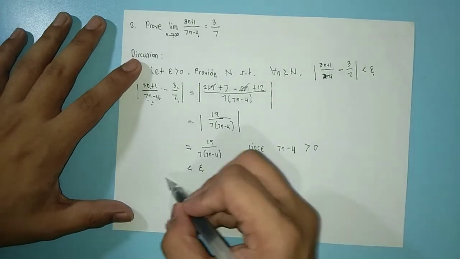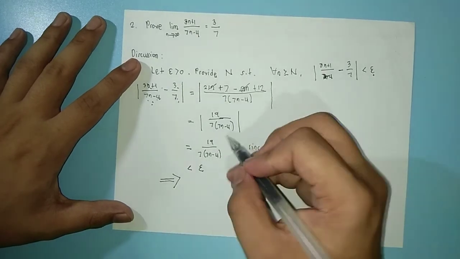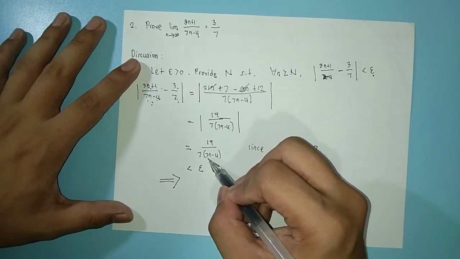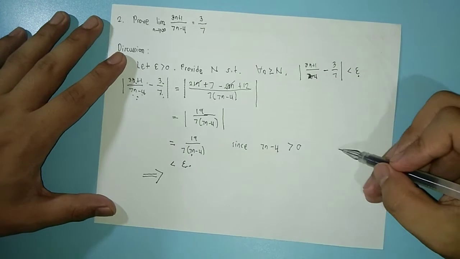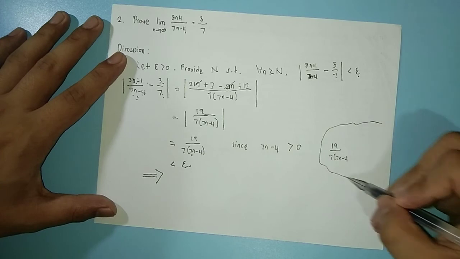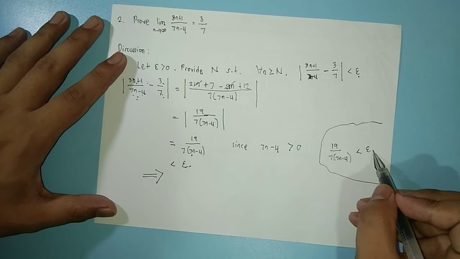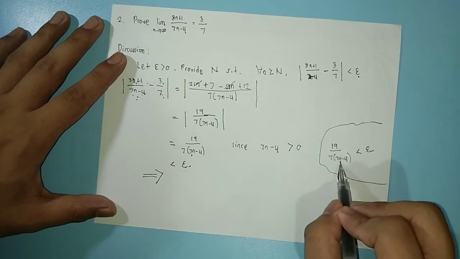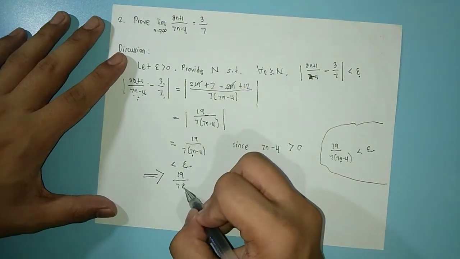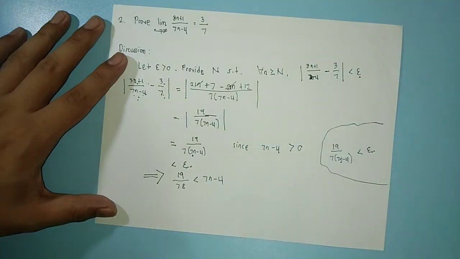Okay? So, this implies, i-manipulate natin yung 19, kahit ilipat natin yung 7n minus 4 sa dito. Okay, ganito ha. Ganito kasi yan, para hindi kayo malito. (19/7)(7n - 4), scratch ko lang, less than epsilon. Ililipat ko tong 7n minus 4 dito, tapos yung epsilon dito. Okay? So, 19 over 7 epsilon less than 7n minus 4.